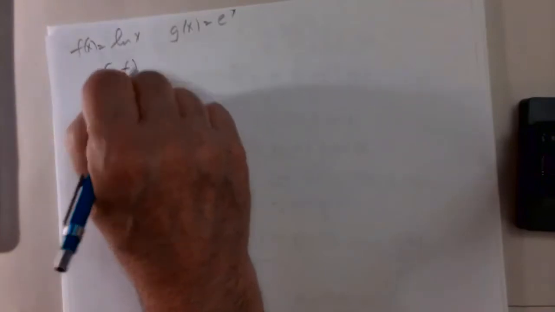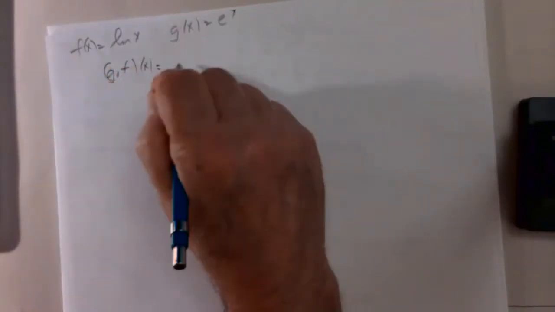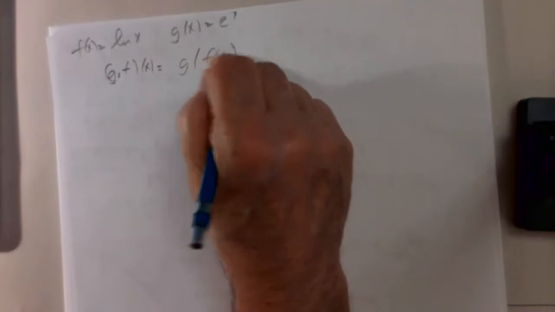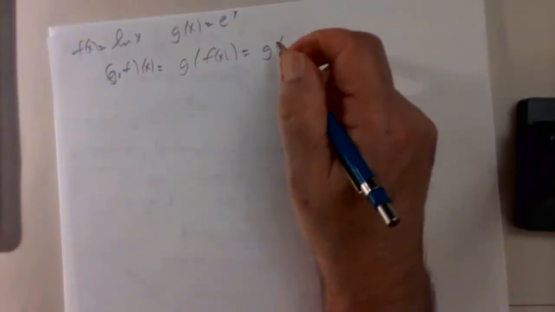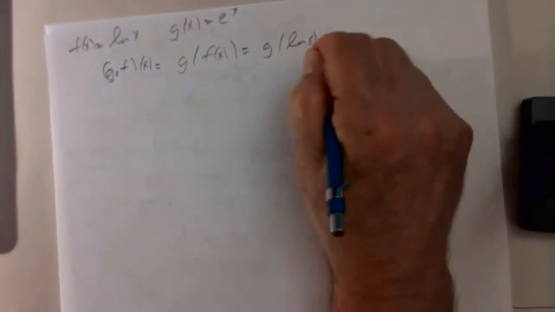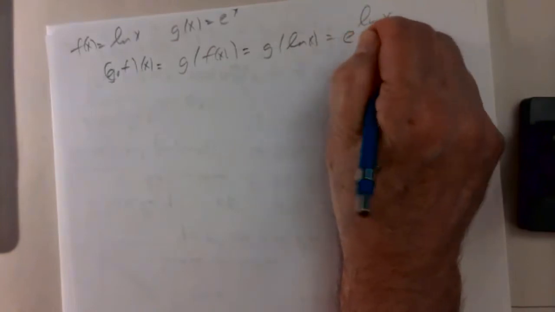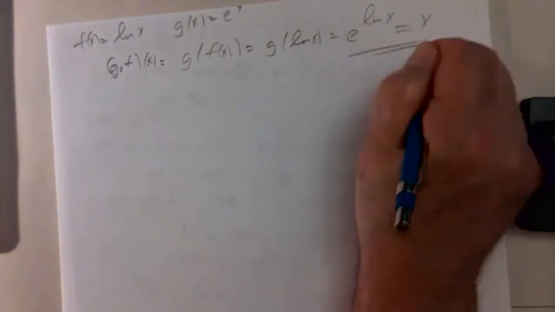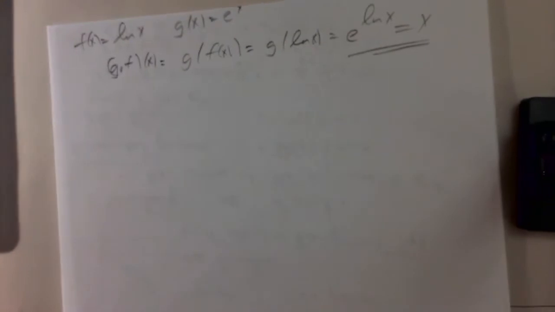G composed with f of x is g of f of x, this is g of the log of x, that means e to the log x, which we know is equal to x, because the log is the inverse.